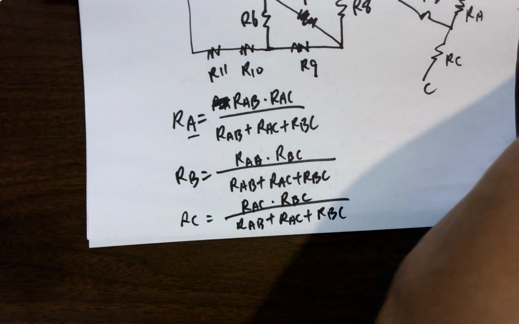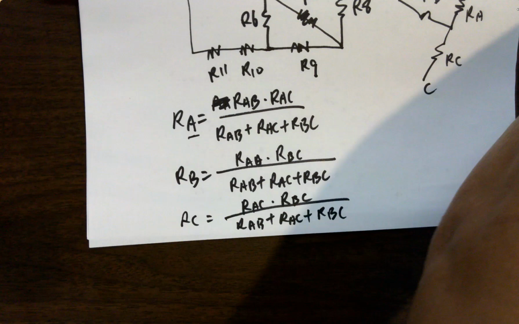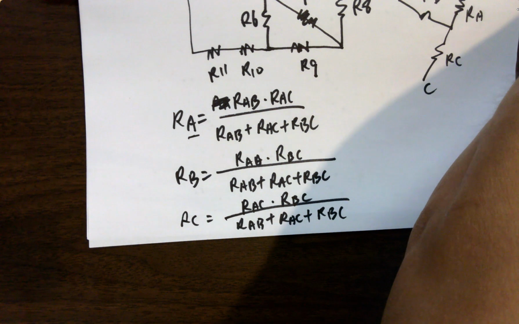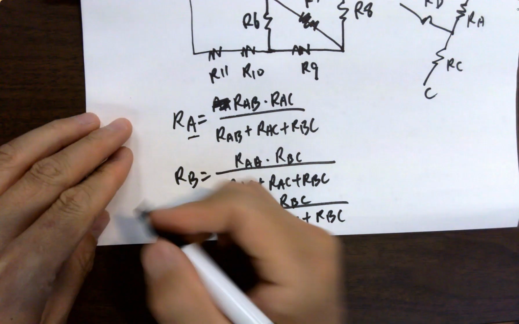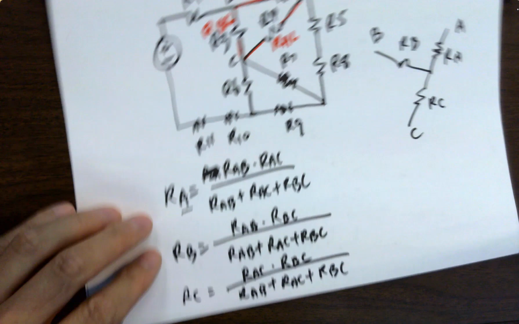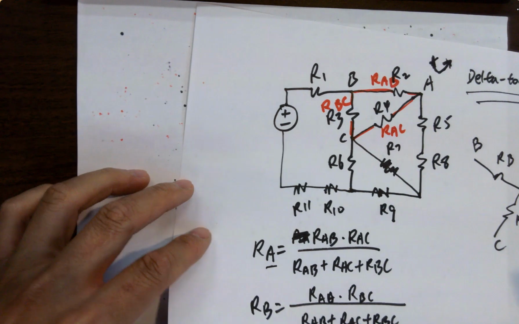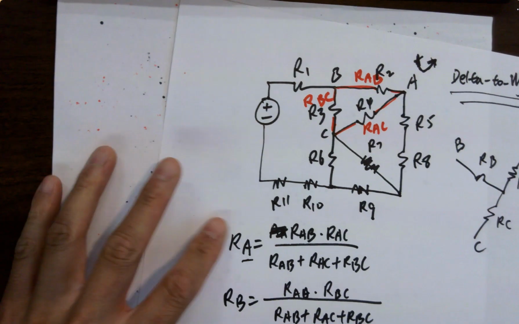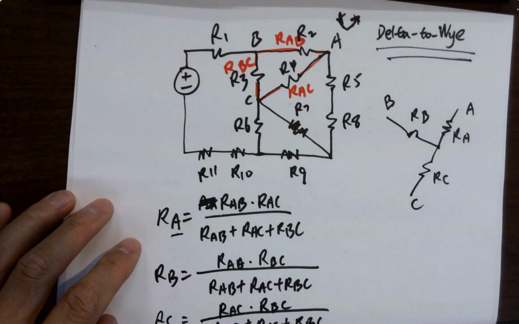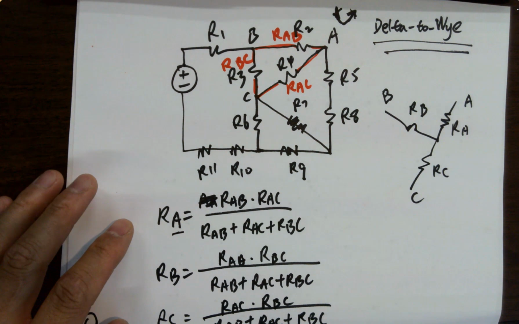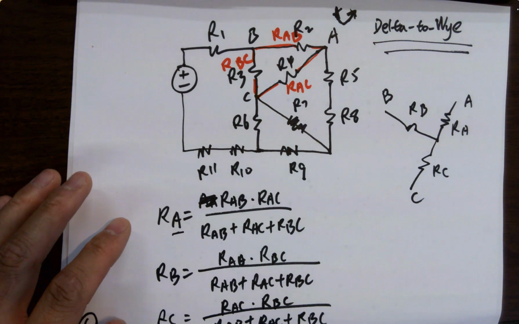Then just a lot of calculations. Let's try one example here, page 6. So let's just look at this circuit. So, would you just replace your R3, R4, and R2s with your RA, RB, RC? Yeah.